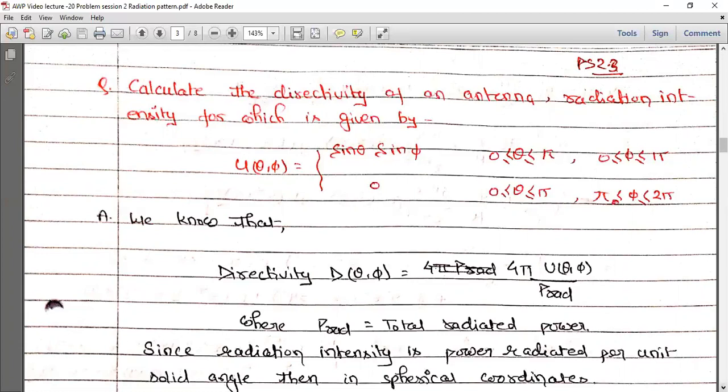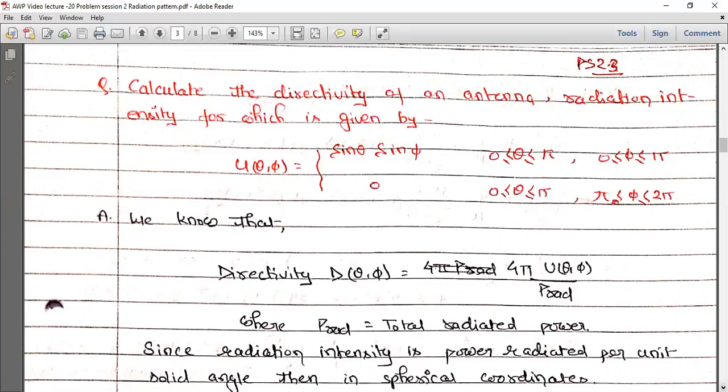In this particular value of the solid angle, some power is radiated. If we assume that the solid angle subtended by the cone at the antenna is omega, then the power radiated per unit solid angle will be given by the power crossing through this cone divided by the solid angle. And that value is the radiation intensity U(theta, phi).